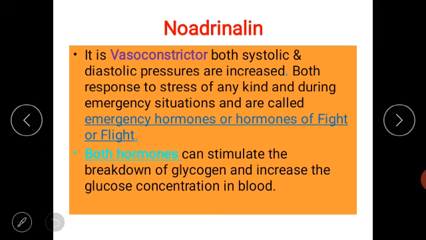Another hormone produced by the medulla of the adrenal gland is noradrenaline. Noradrenaline is a vasoconstrictor. Both systolic and diastolic pressure are increased.